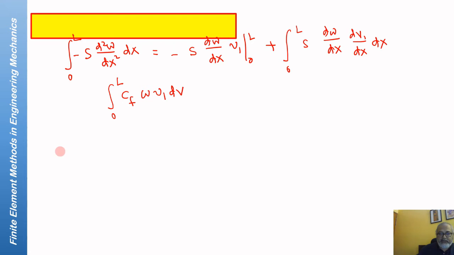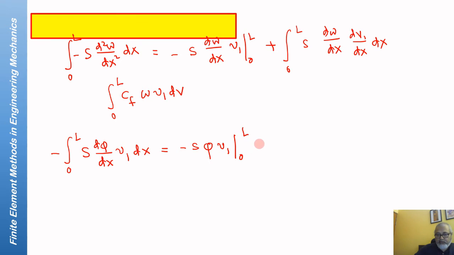And then I have the term minus the integral 0 to L of S dphi/dx times v1, which again integration by parts will lead to minus S phi v1 from 0 to L plus the integral 0 to L of S phi dv1/dx. So these are all the terms in the first row.